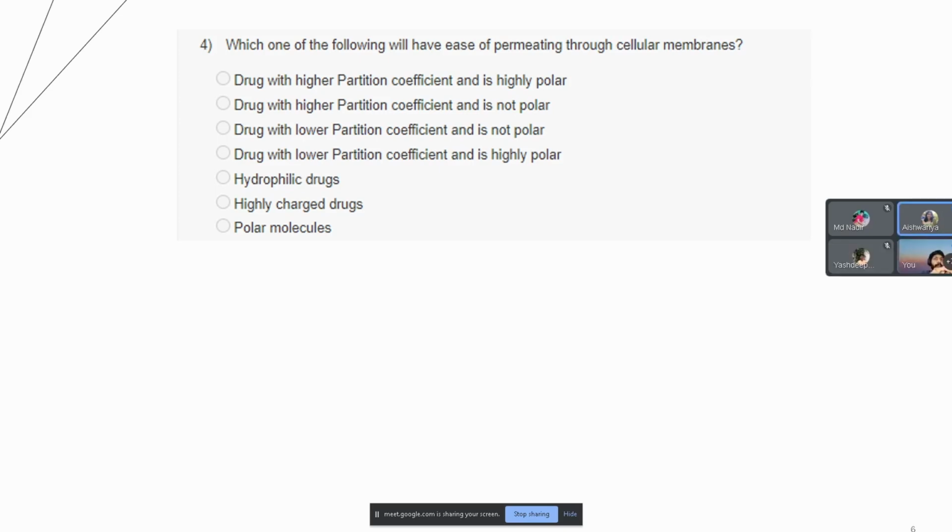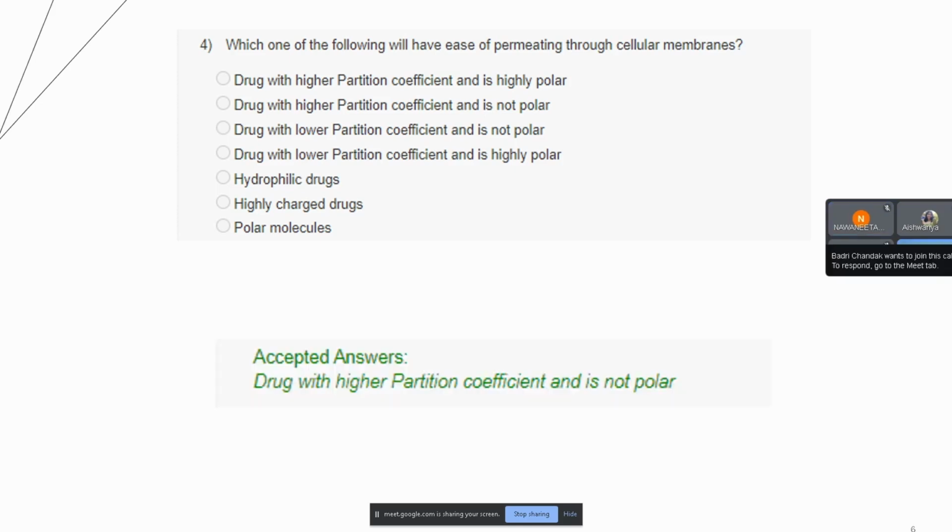Does anyone have any other answer? Non-polar and high partition coefficient. Same as the previous person. You guys are correct.